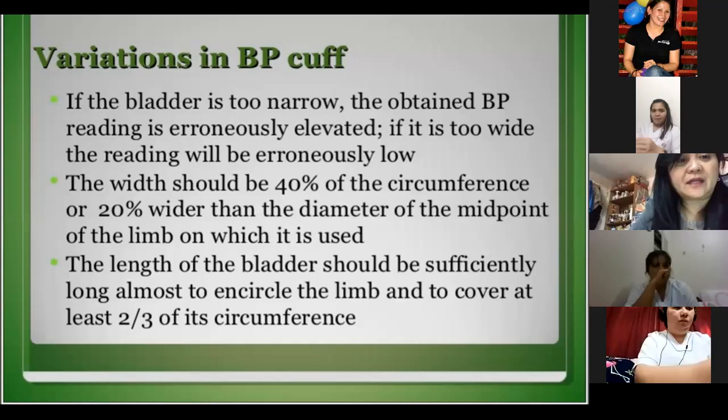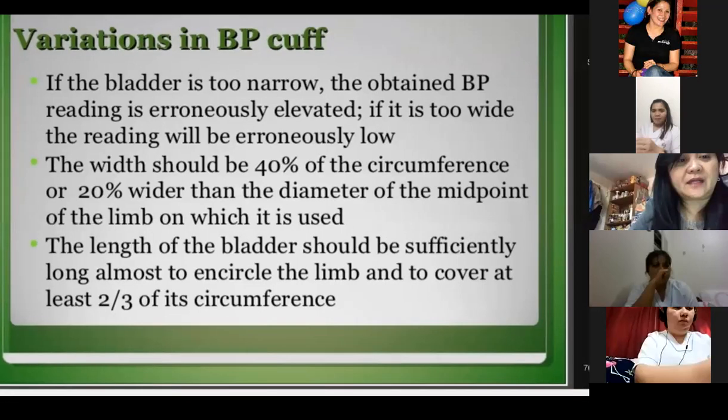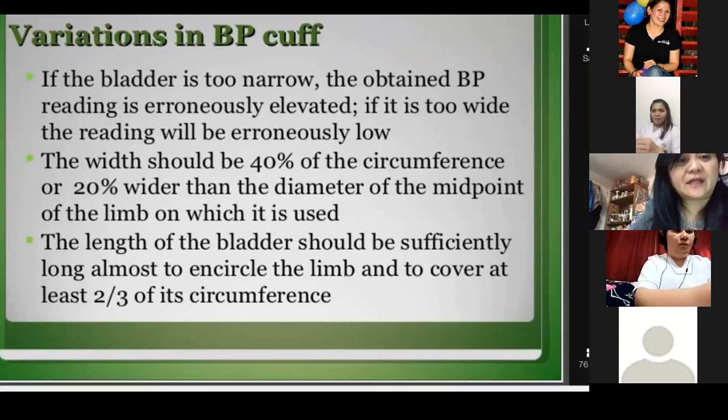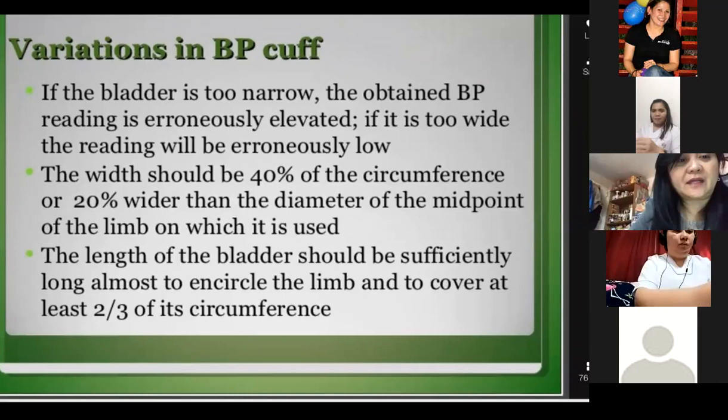The width should be 40% of the circumference, or 20% wider than the diameter of the midpoint of the limb on which it is used. Right now in the hospital, we have improvised big, medium, and small sizes. But if you are working at home, I think they will provide one that fits the patient, because the blood pressure apparatus they give you is personalized for one patient.